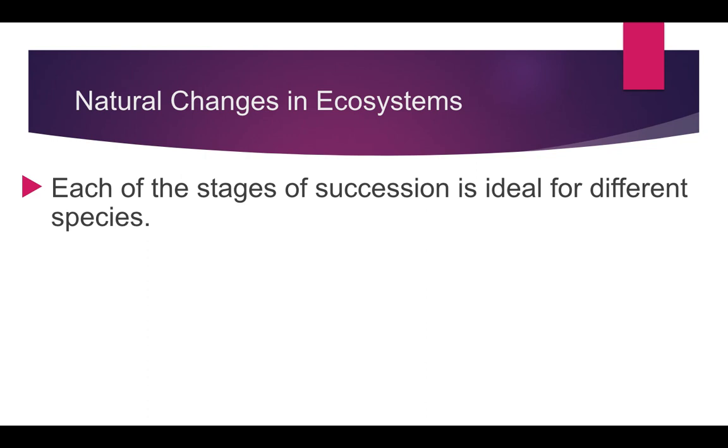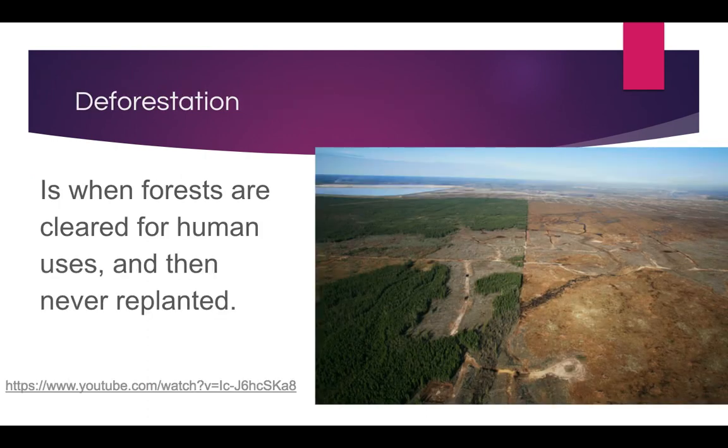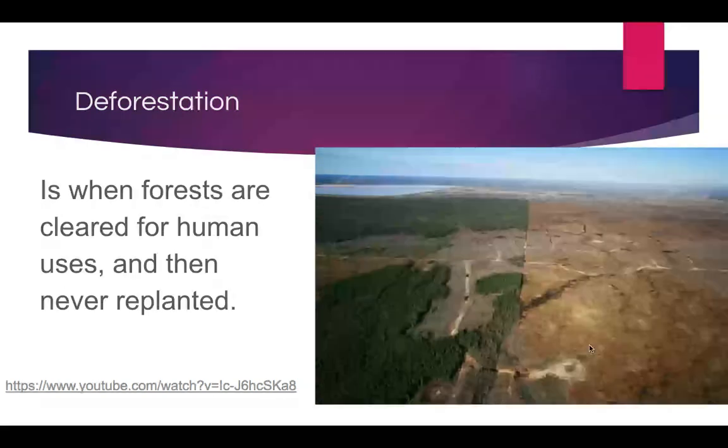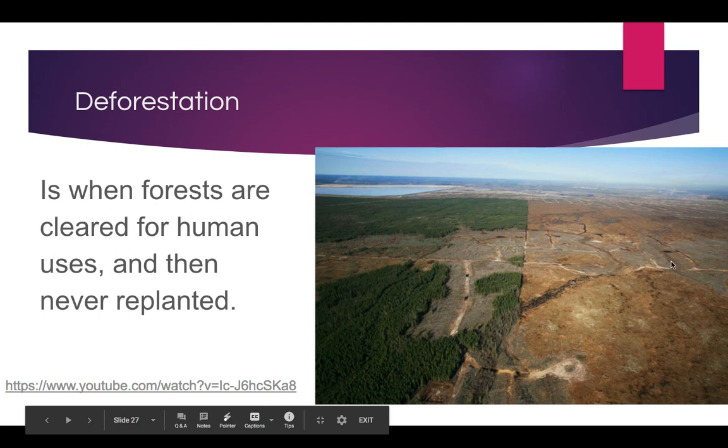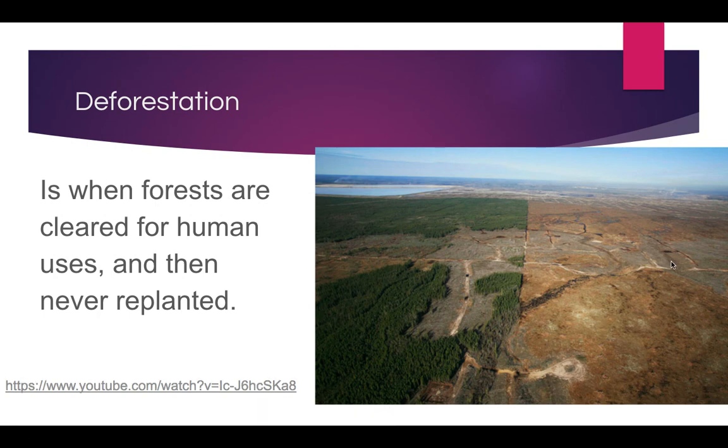So each of the stages of succession is ideal for different species. If I look here at this picture, this is an area that has been affected by deforestation, where humans cut down all the trees but never replanted them. Some animals can succeed in areas like this that survive in wide open plains, right?